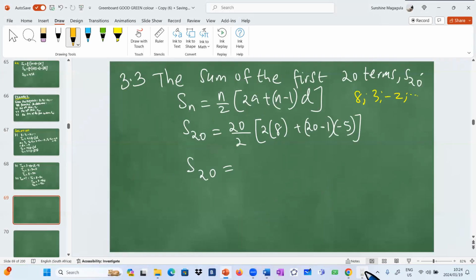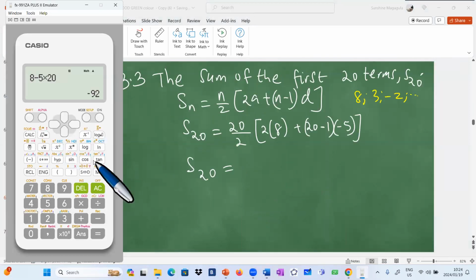It's 19. It's negative 2 by 8. 19 by minus 5.